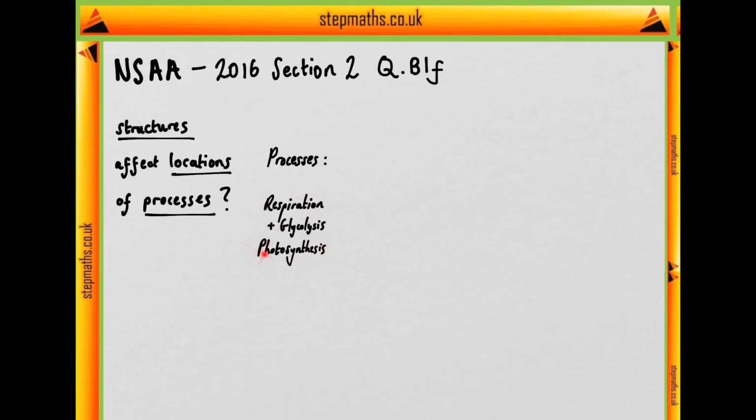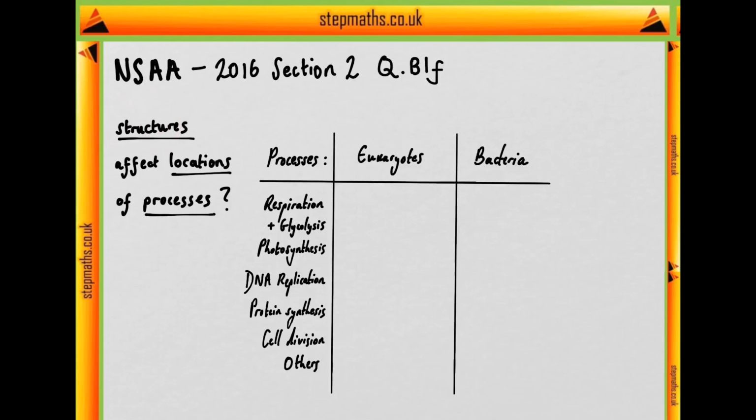There's also photosynthesis, since we're talking about plants in Figure 1, and there's also DNA replication, protein synthesis, cell division, and any others which perhaps relate to one or the other of bacterial or plant cells, which we'll think about later. So, in order to determine how these processes are affected in their location by differing structures between plants and animals, it's best to think about this in a table.